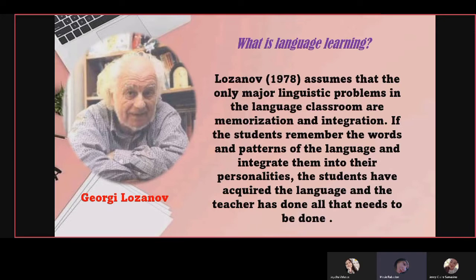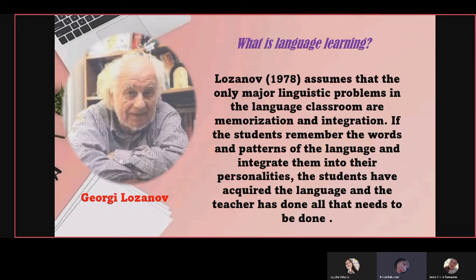Lozanov 1978 assumes that the only major linguistic problems in the language classroom are memorization and integration. If the students remember the words and patterns of the language and integrate them into their personalities, the students have acquired the language and the teacher has done all that needs to be done.